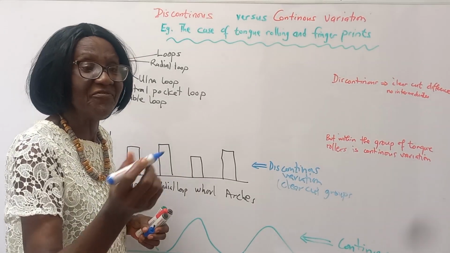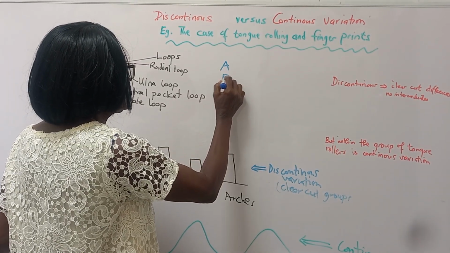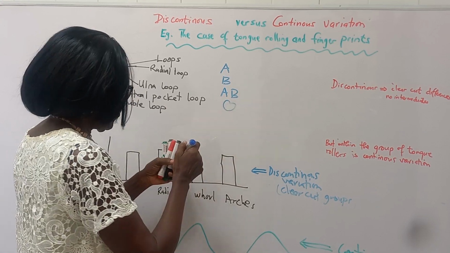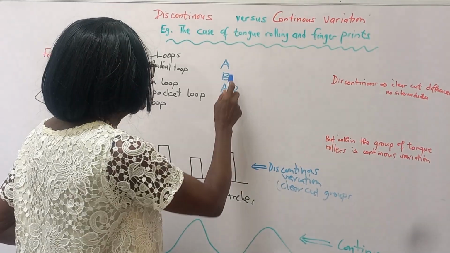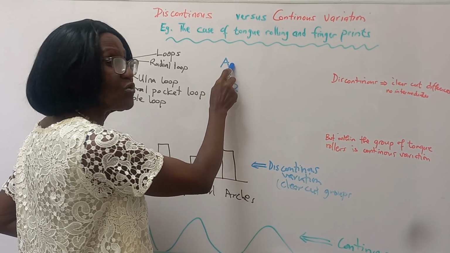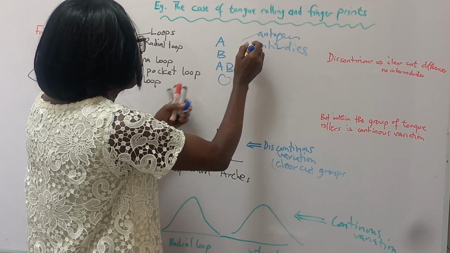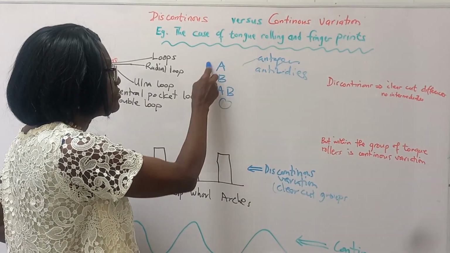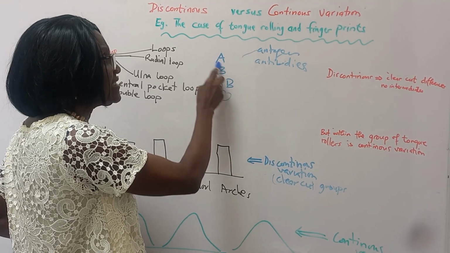Now, if we look at a feature like blood groups, there are distinct blood group A, blood group B, blood group AB, blood group O. These are the 4 distinct blood groups that have been found. But if we look at blood group A, the antigens and the antibodies and various biochemical factors that determine blood group A, no two individuals will have the same.